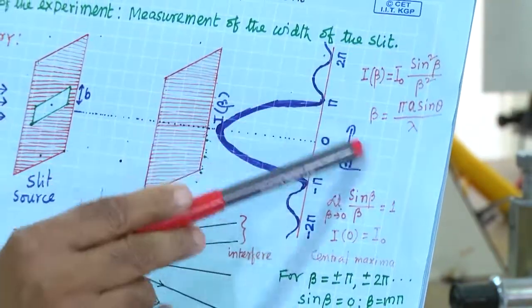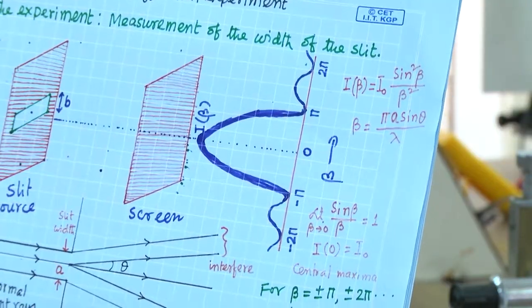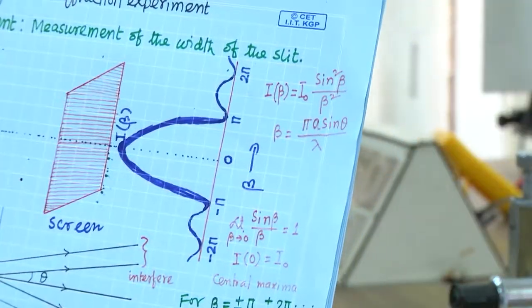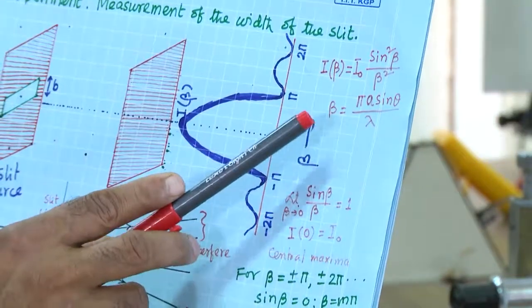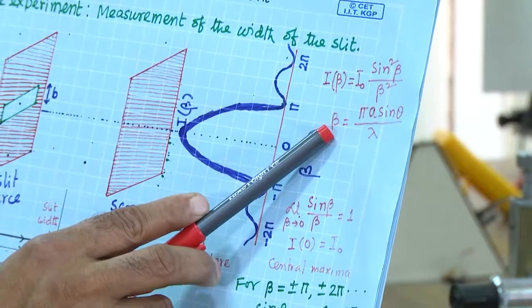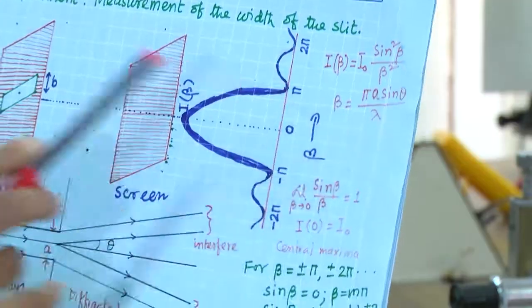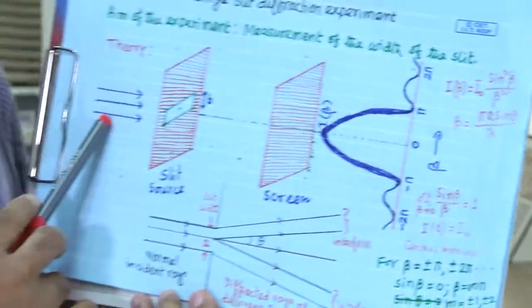How this formula has come, I have discussed in the previous class, during the discussion of diffraction in general. So, beta basically depends on the wavelength. In our case, when we do the experiment, the wavelength is fixed.